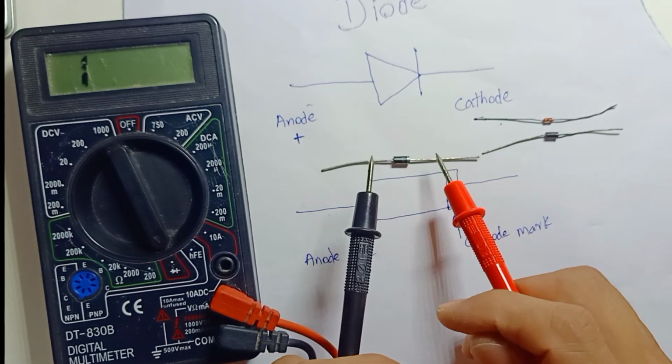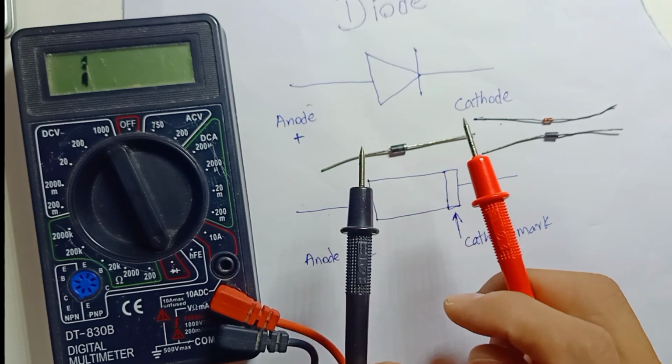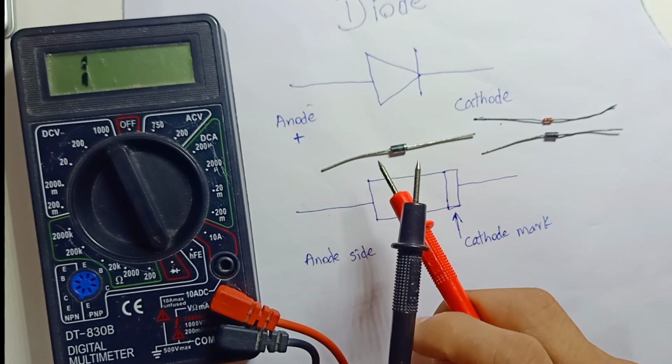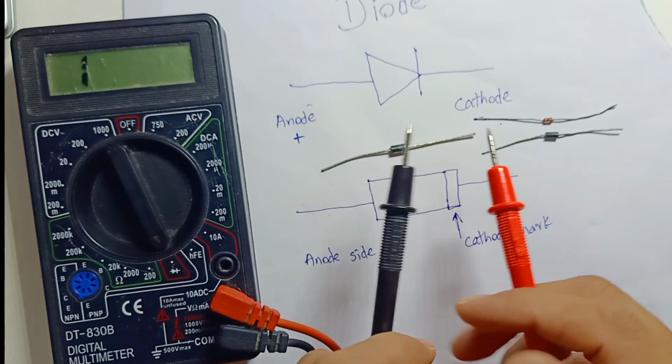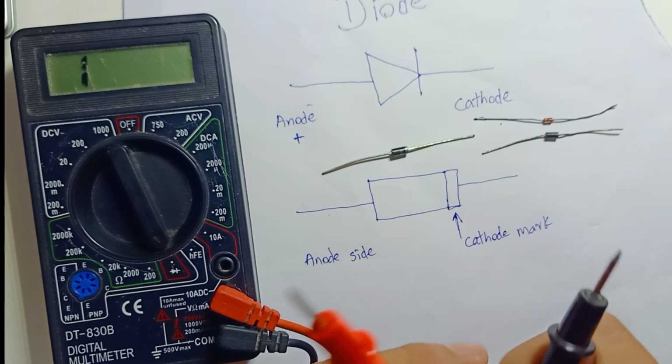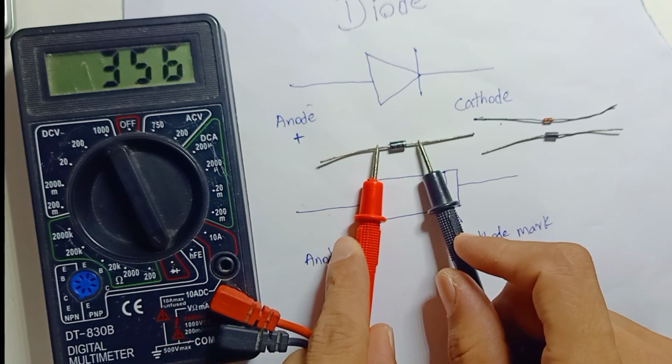Because the diode is a PN junction, the PN junction inside the silicon will already be broken. That's why you can get a voltage drop on both sides. So this diode is in good condition.